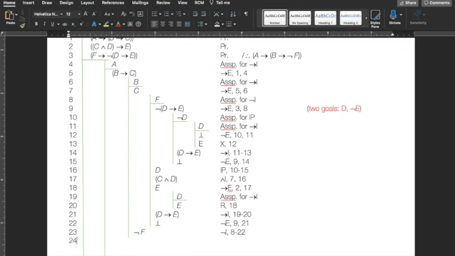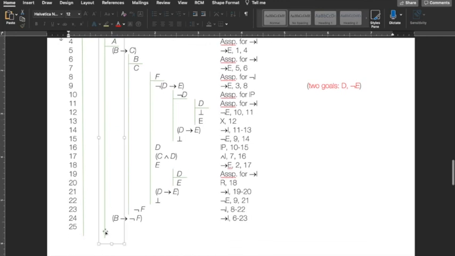So in line 24, I can introduce if B, then not F. So that was by conditional introduction lines 6 to 23. See, these subproofs get a little long. And then line 25, that was the consequent of the conditional I was originally looking for in my conclusion.